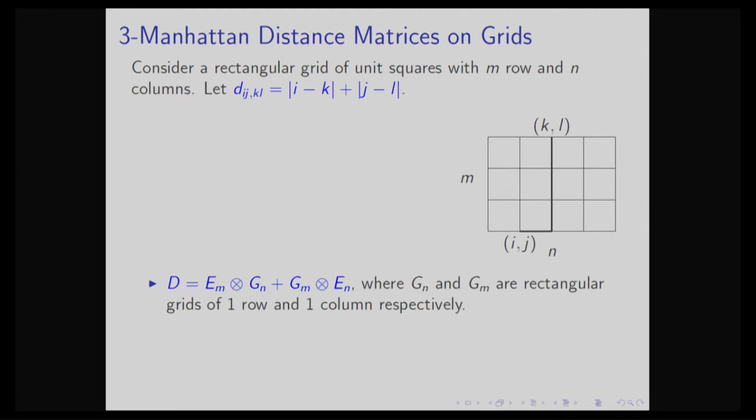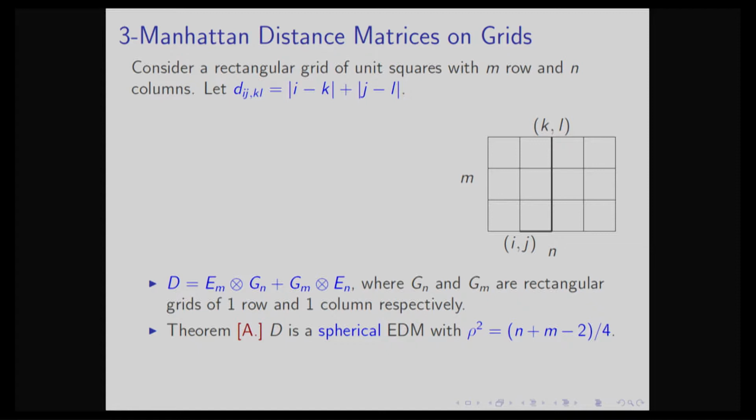Then it can be shown that D is equal to this, where this denotes the Kronecker product, and Gn and Gm are grids of one row or one column. If you can write D in this manner, then you can prove that D is spherical, and this is the radius.